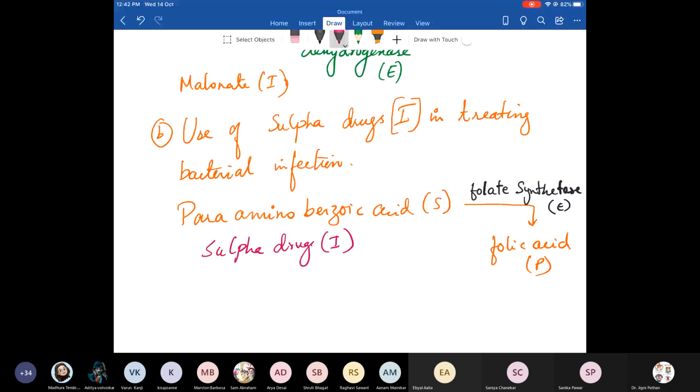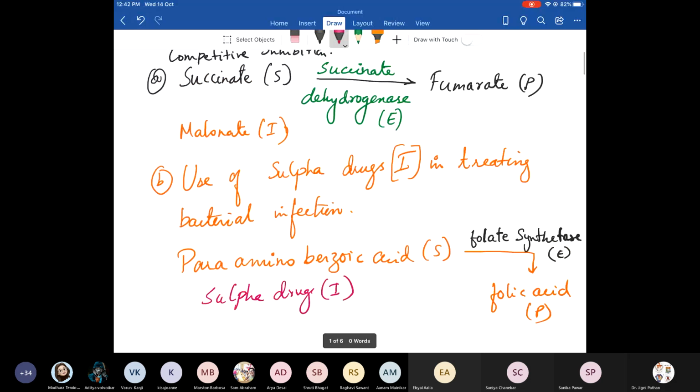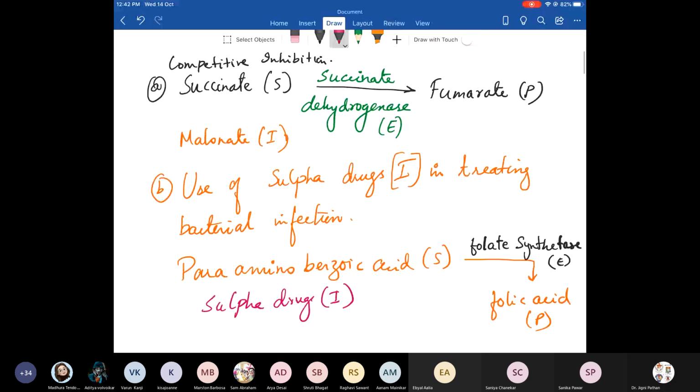Please scroll up a bit. Yeah, these are the examples. If you have any difficulties, please ask me. Ma'am, what is the word you wrote after para-amino? Benzoic acid. Okay, ma'am.